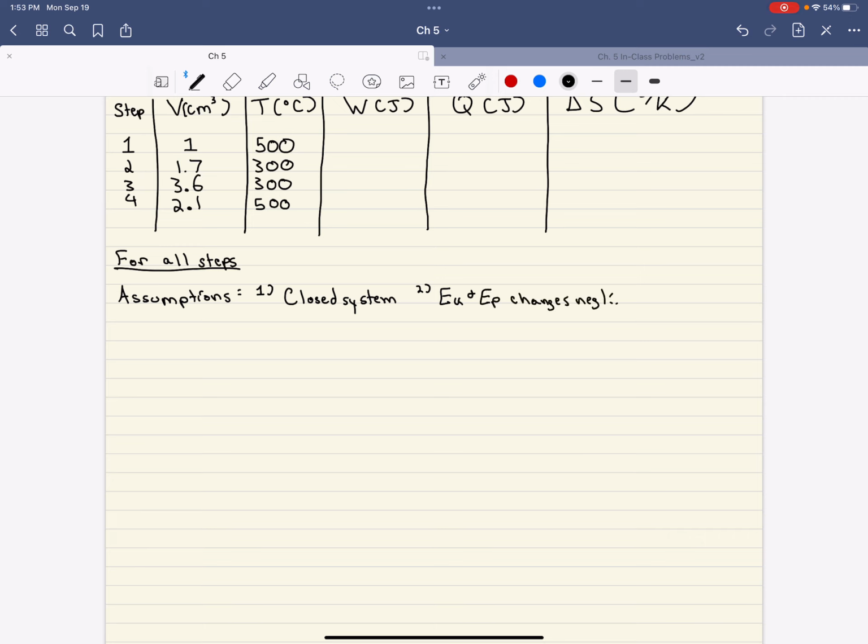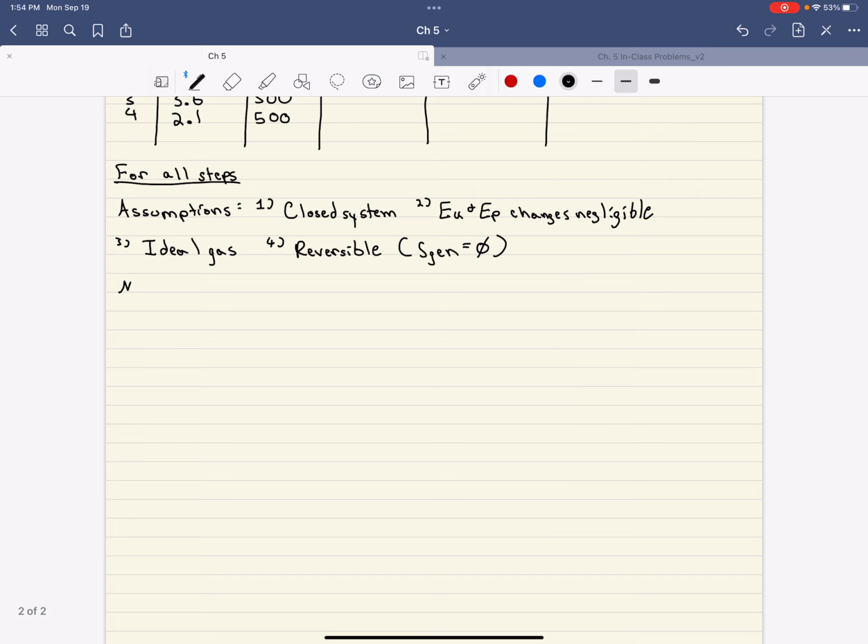Right? In all of the steps, we're dealing with a closed system, and so that means our material balance is going to be fairly simple. We have no reaction. It's closed. Therefore, final is going to be equal to the initial, or the amount of moles.